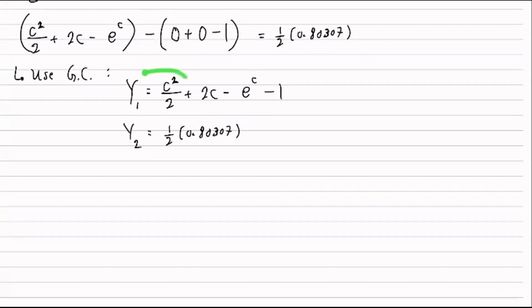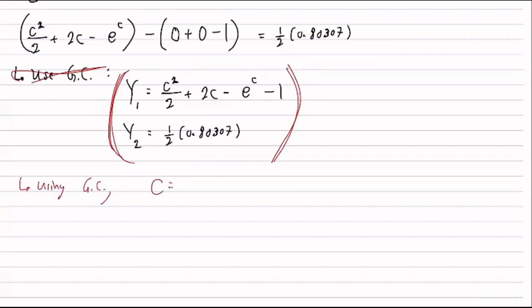Take note that this is optional. You do not need to write this down during the exam. Just say using GC, C is equal to 0.415. Okay, ready? Whenever you're ready, let me know, then I'm going to change screen. Oh yeah, I copied already. Good.